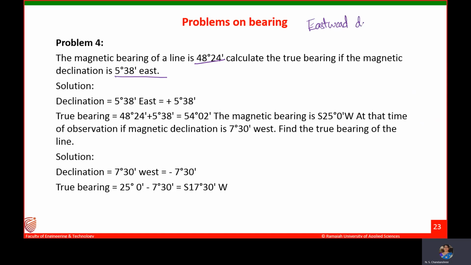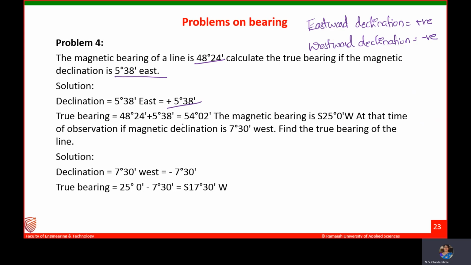Eastward declination means positive, westward declination means negative. This we have to keep in mind. In this case it is eastward declination, so it is plus 5 degrees 38 minutes.